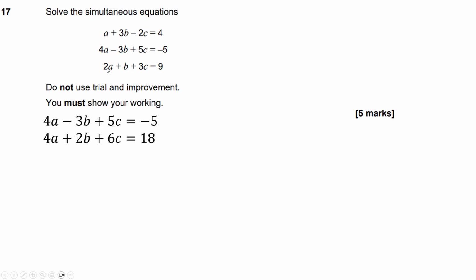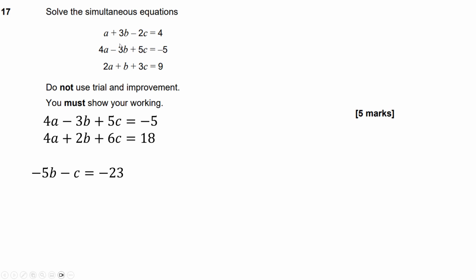So you have 4a plus 2b plus 6c plus 18, because I multiplied it all by 2. Now you can take away the top from the bottom. So 3 take away 2 is minus 5b, and then 5 take away 6 is minus c, and minus 5 take away 18 is minus 23.